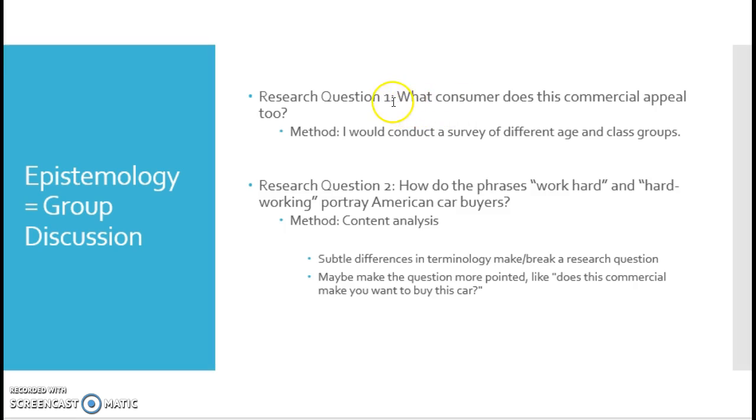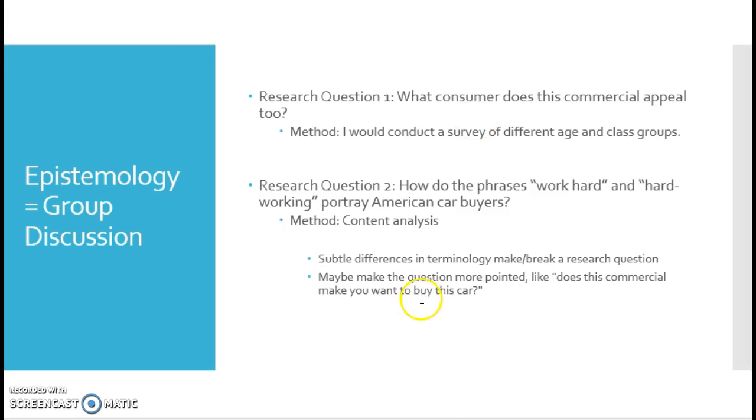Especially if you're trying to find out in a broad way, right? Not necessarily how or why a consumer might be interested in this commercial, but just what, right? Just a general what. Who does this commercial appeal to? And in this way, I would agree that a survey could be a really useful method here.